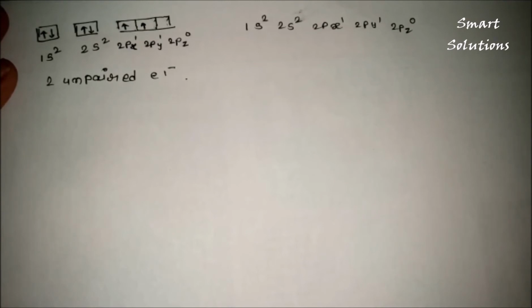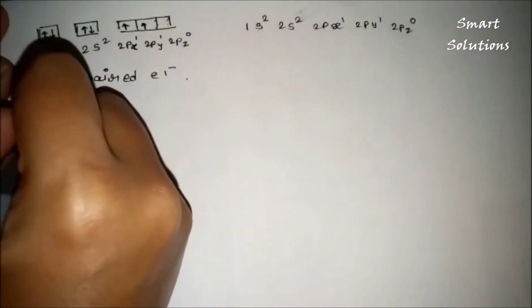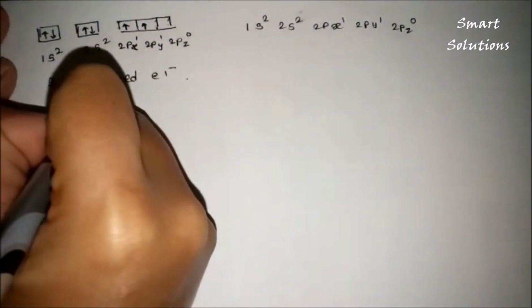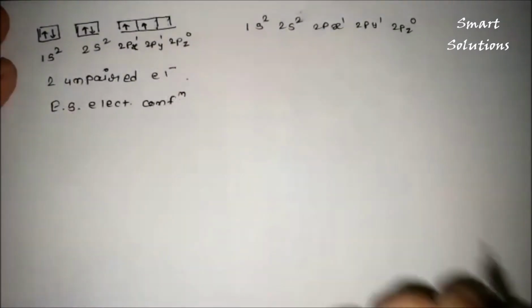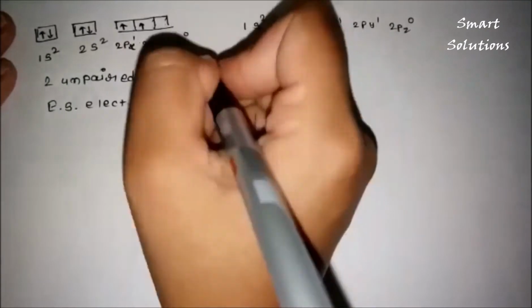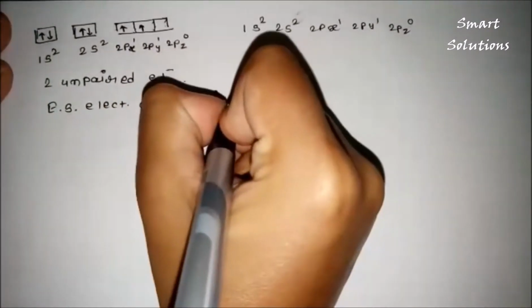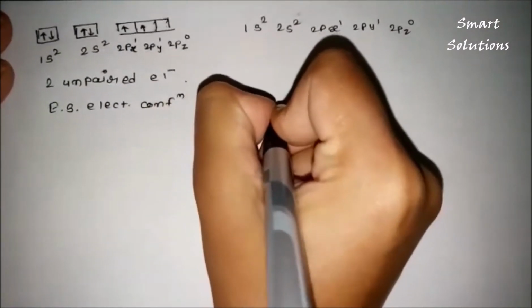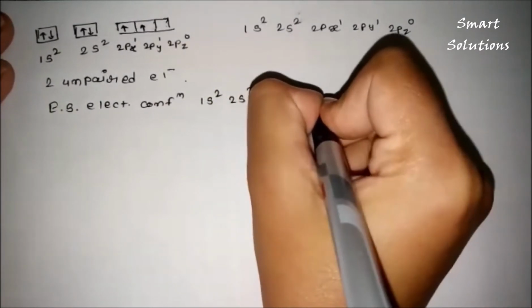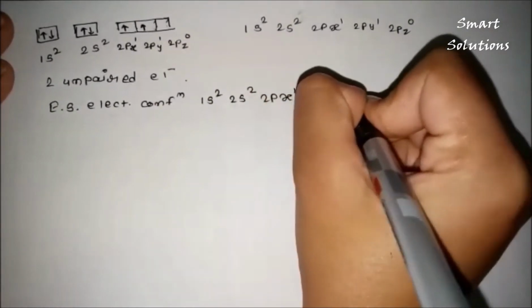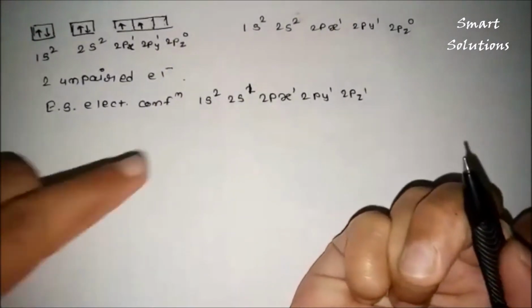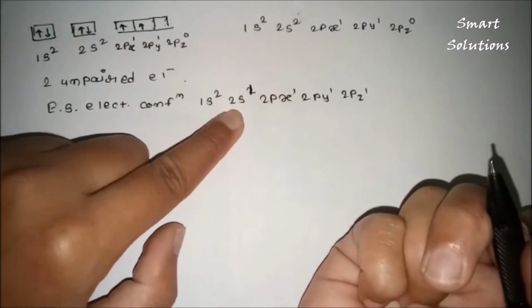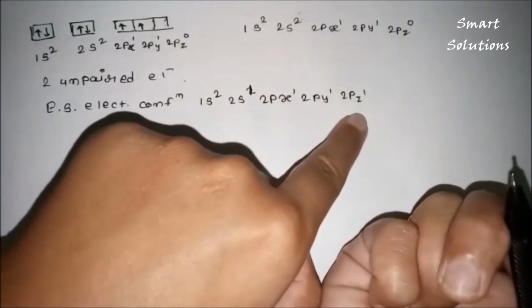Therefore the excited electronic configuration of carbon is 1s2, 2s1, 2px1, 2py1 and 2pz1. The 1s2 has 2 electrons, 2s1 has 1 electron in the excited state, and the p orbitals 2px1, 2py1 and 2pz1 each have 1 electron.